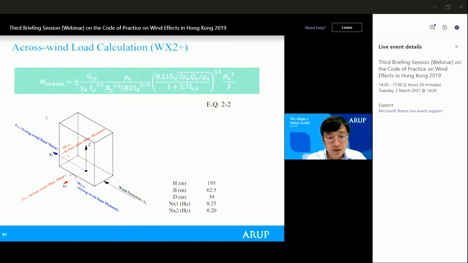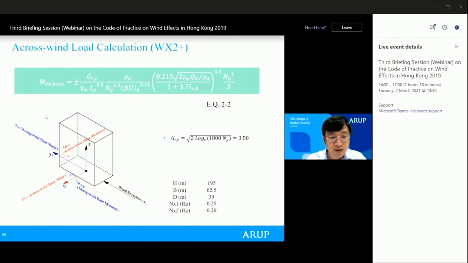What we need is that we need to follow the equation 2.2. Within this, the crosswind base moment is related to the peak factor gamma Ry. So that is related to the natural frequency in the direction of the crosswind load direction.